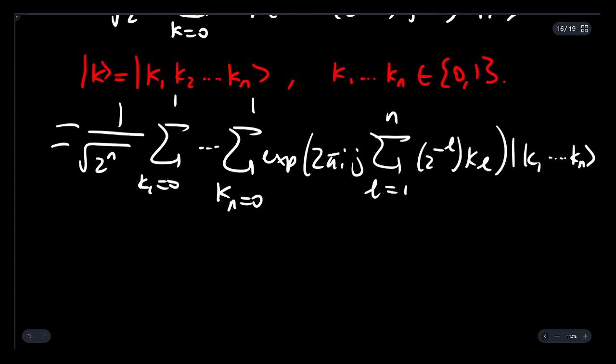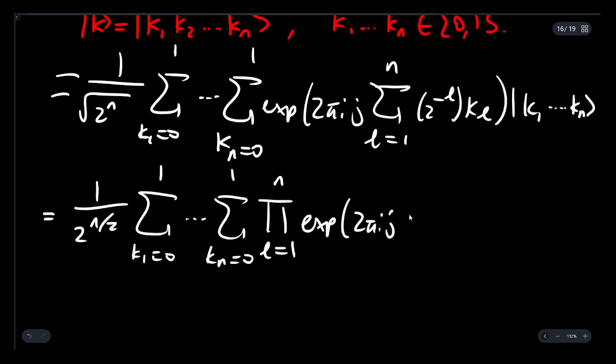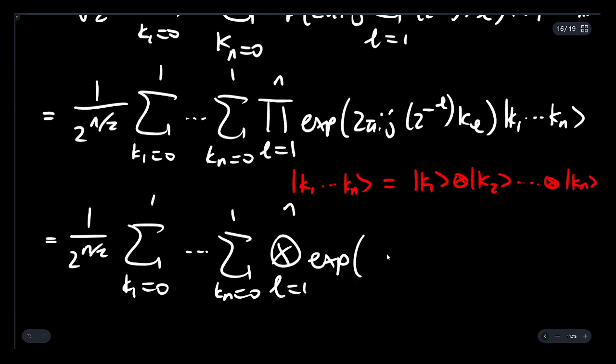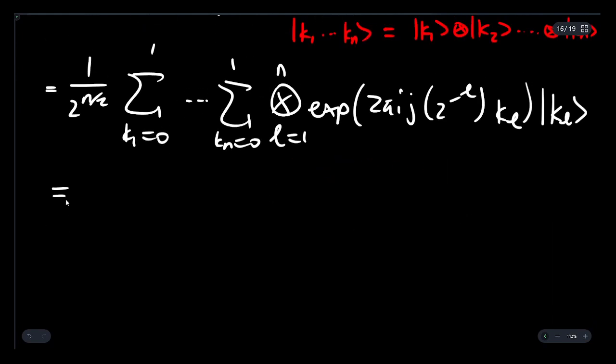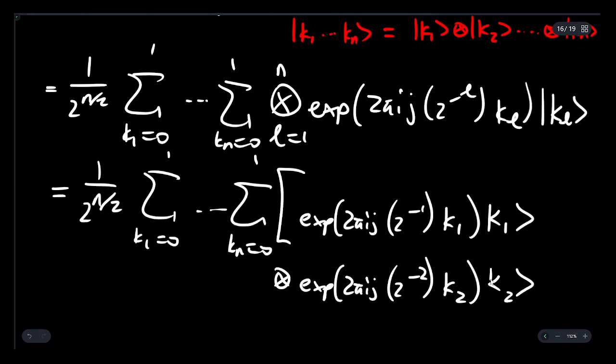We can then take the sum out of the exponential to make a product. This sum has come from the conversion of decimal into binary for that k inside the argument. We can then turn this into a tensor product by noticing that our state is technically a tensor product across the qubits. By expanding this tensor product out, we can notice that we can bring in our sums as they don't depend on each other.